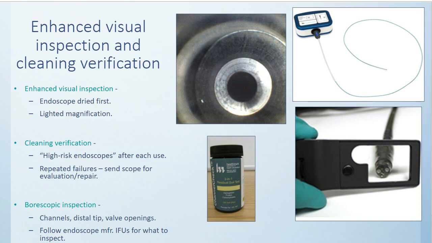Basic visual inspection with the unaided eye, simply looking at the scope, is the minimum standard for cleaning assessment. In the updates to ST91, enhanced visual inspection, which means lighted magnification, is promoted, with emphasis that the scope needs to be dried first. Still, it's impossible, simply by looking, even with magnification and light, to completely determine cleaning adequacy.